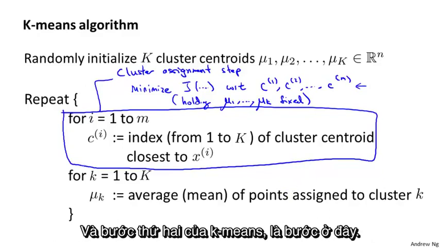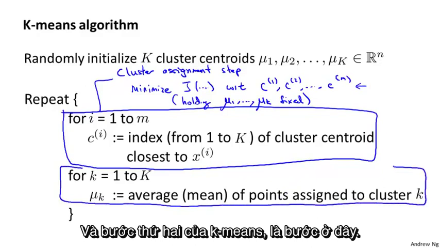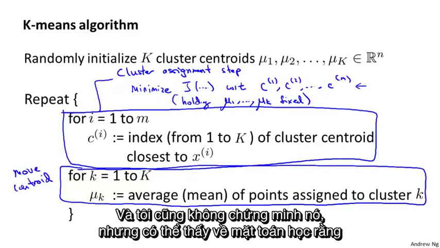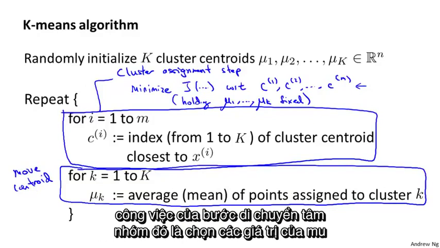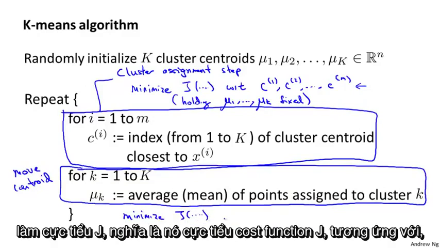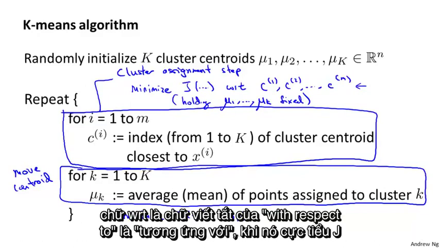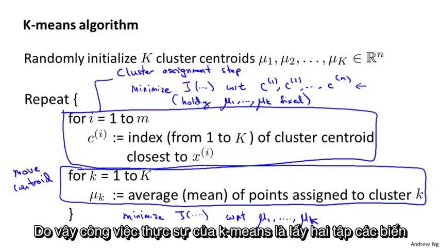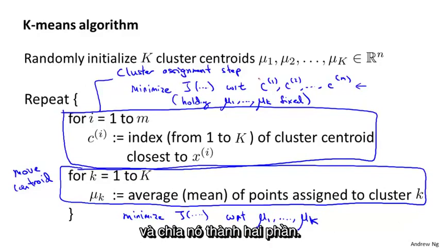And then the other part, the second step of k-means, this second step over here, was the move centroid step. And once again, I won't prove it, but it can be shown mathematically that what the move centroid step does is it chooses the values of mu that minimizes J. So it minimizes the cost function J with respect to, WRT is my abbreviation for with respect to, the locations of the cluster centroids mu 1 through mu capital K. So what k-means really is doing is just taking the two sets of variables and partitioning them into two halves, right?